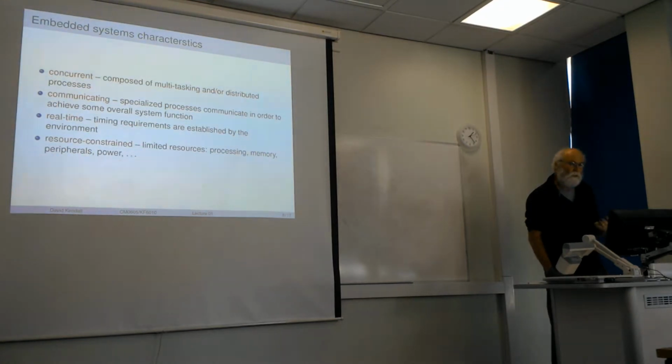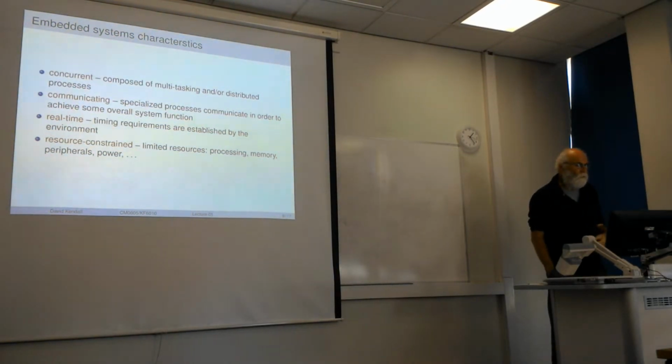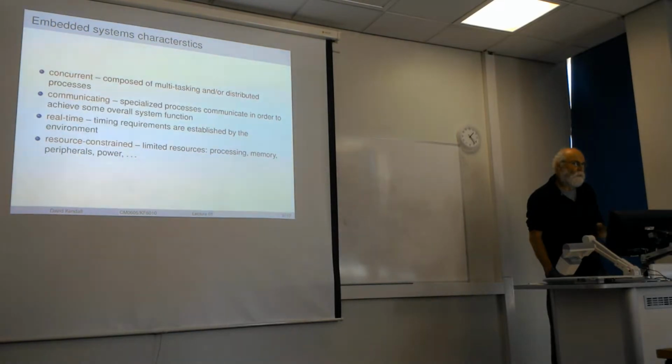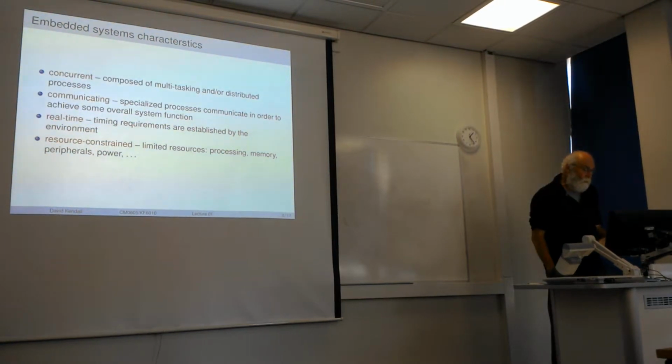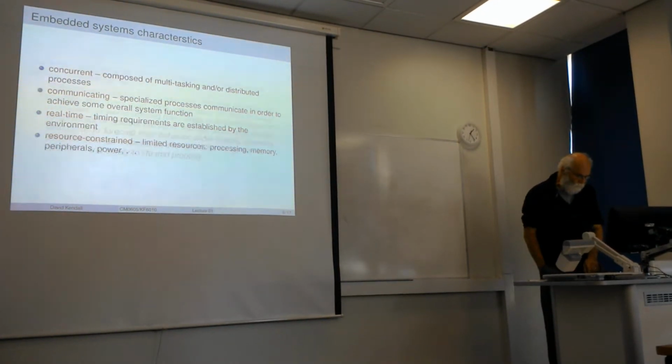So the pressures are always there to reduce costs, and typically costs are reduced by reducing the resources that you've got. So almost always you're dealing with some significant resource constraints. These are the key characteristics of embedded systems, and therefore the distributed real-time systems that we're interested in.